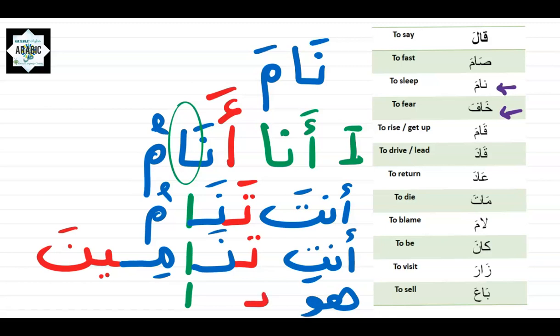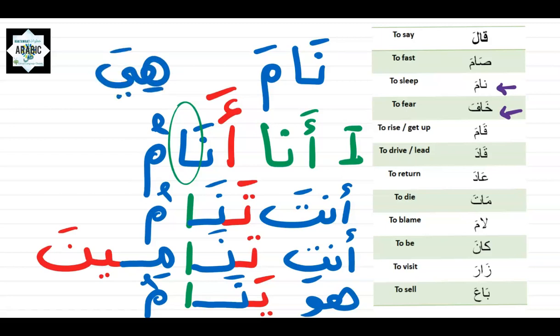Then we have هو, and we place the verb conjugation in the present tense. Then we place the verb as it is, تنام. And we do the same thing for هي. هي, we place the verb conjugation in the present tense, ta, and then we put the verb as it is.